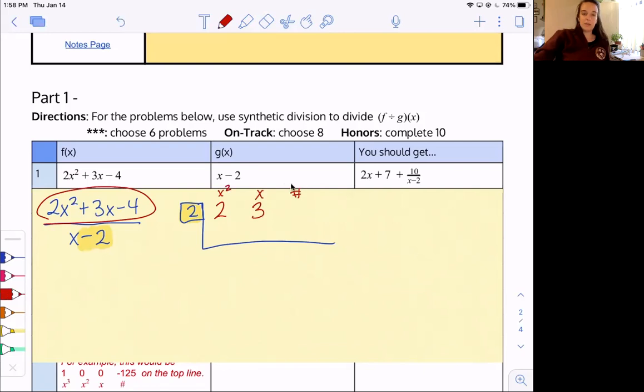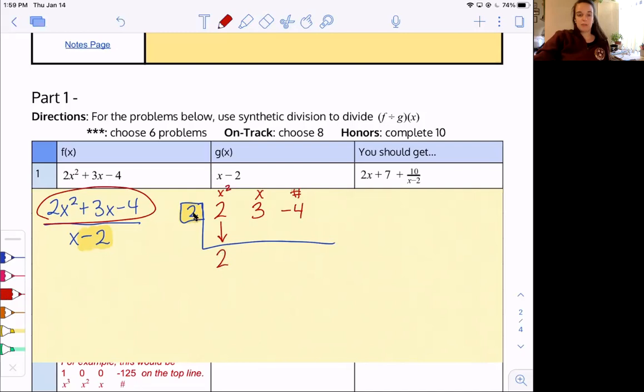And then the number that's by itself is 4, but it's -4. So I have -4 right here. So I'm going to bring that 2 straight down.